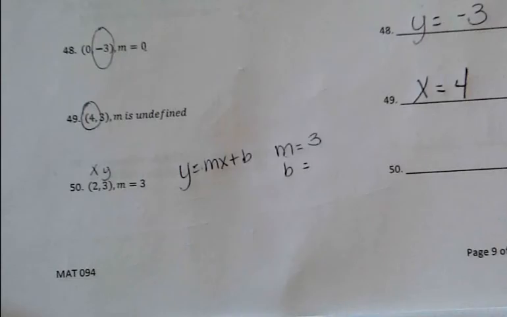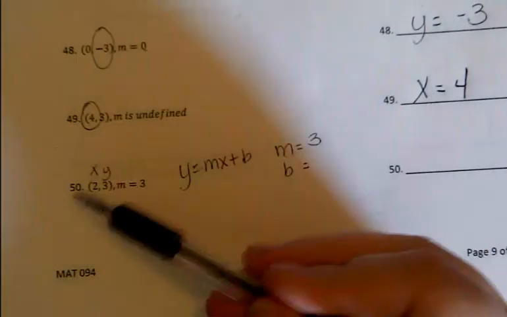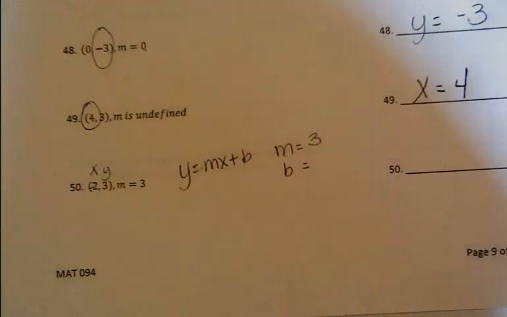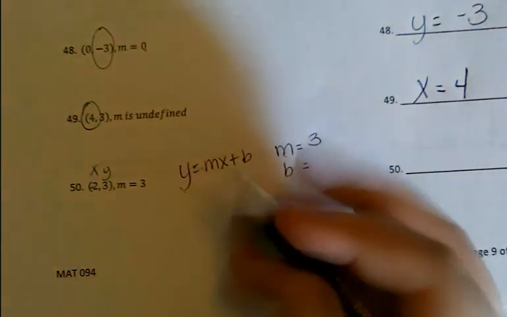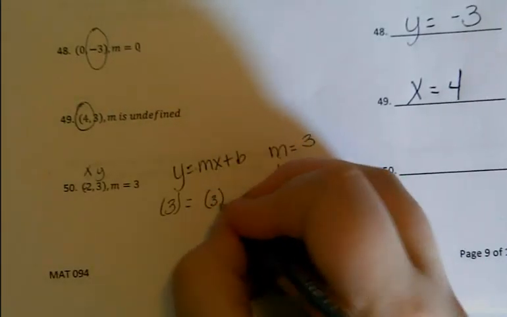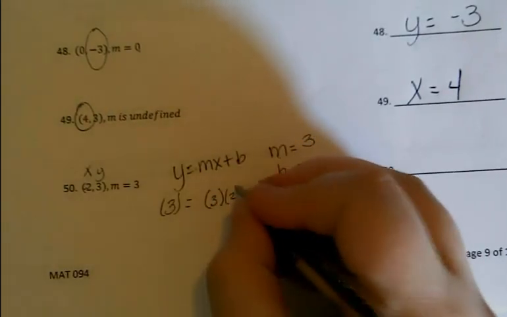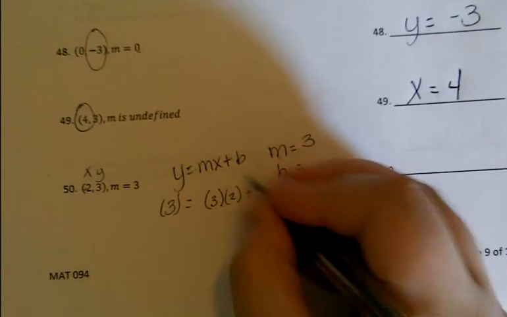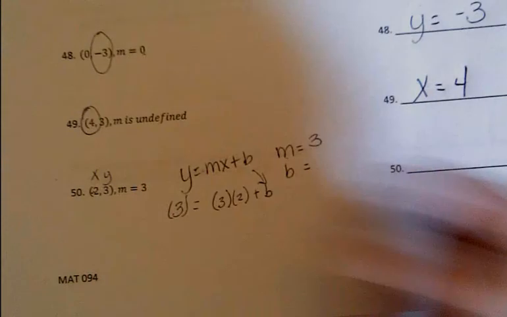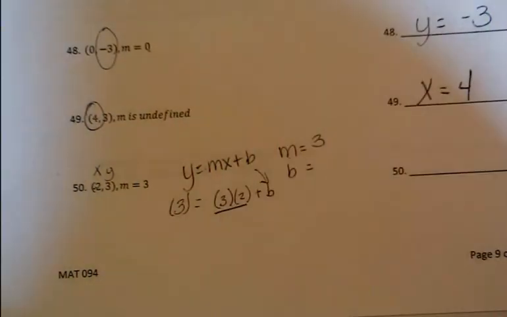We can do that by plugging in our x, our y, and our m to solve for b. So y was 3, m is 3, x is 2, and we don't know what b is, so we're just going to bring it down. So to solve for b, I'm first going to multiply these two numbers.